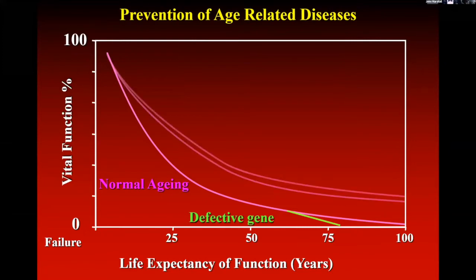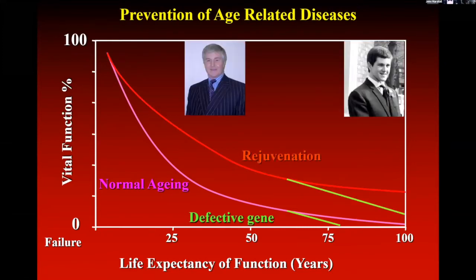So I wondered if you could push up the basic aging curve and essentially rejuvenate the outer retina, you'd probably be dead before the combination of aging and a genetic defect led to significant visual loss. Now, this resulted in a huge number of papers from my group over the years.